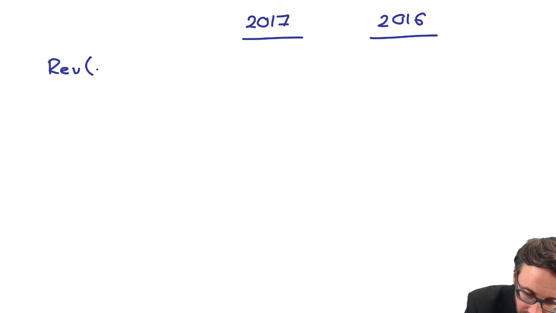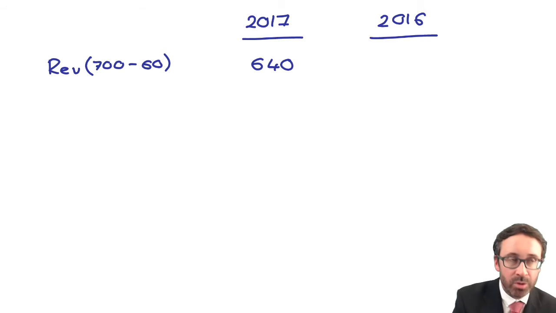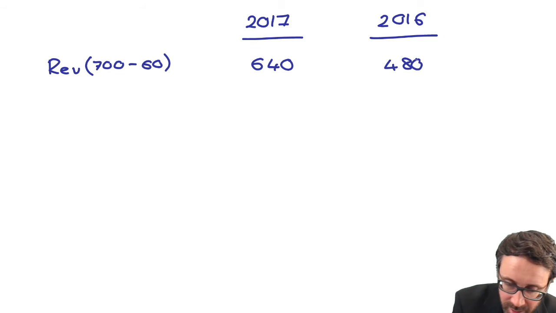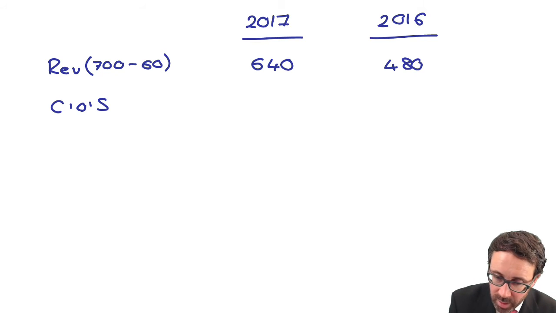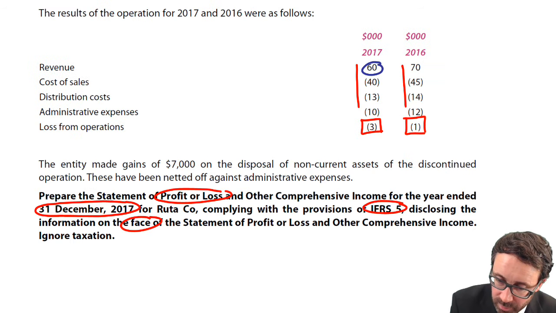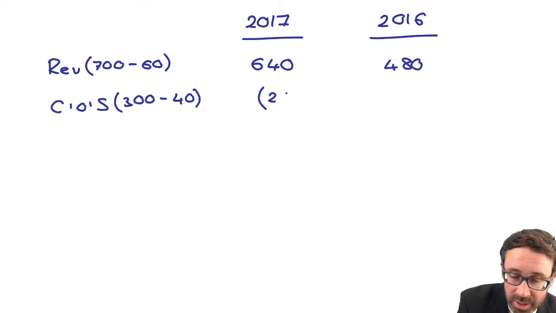So here, 700 less 60 is that 640. Again, I'm sure you're well able to work out that in 2016 it's 480. Cost of sales, what have we got? So cost of sales, we've got 300. If we then go through and remove 40, is that there as 260.